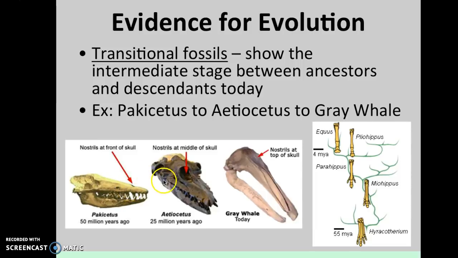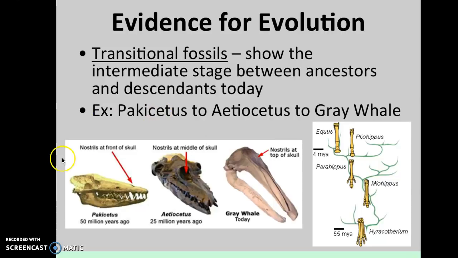And then about 25 million years ago, we have the Ambulocetus, another ancestor of the gray whale. And we notice that this is our transitional fossil, our middle kind of ground for this gray whale. And we notice that the nostrils are now in the middle of the head. And then now, in the current gray whale, we have the nostrils at the top. So again, a transitional fossil is just kind of a middle piece.